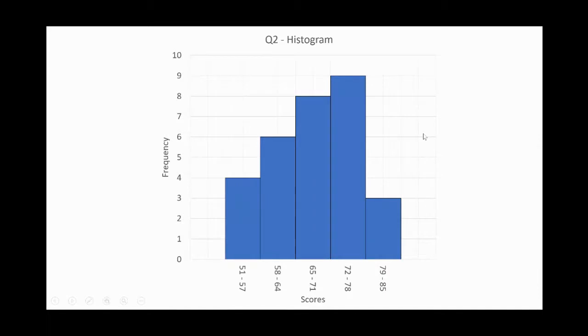So I asked you what the shape will be. Did you notice that this side is longer? So this is left skewed. So this is the histogram for question number 2. Double check your work and see whether you got it.